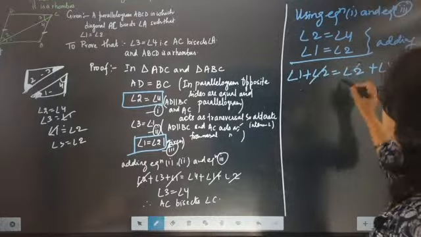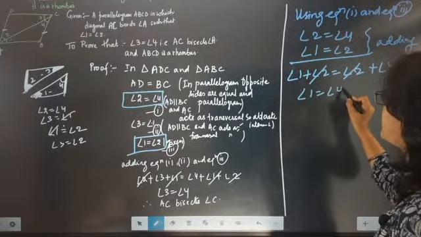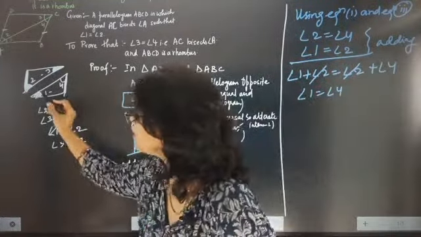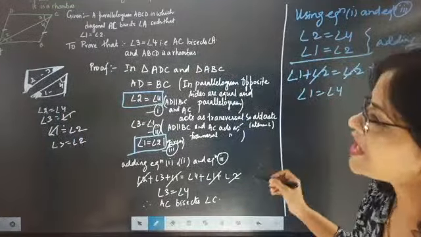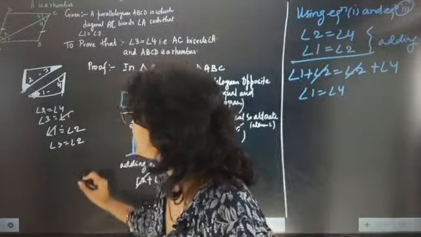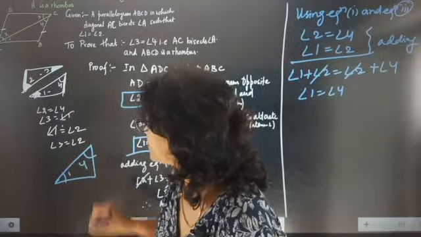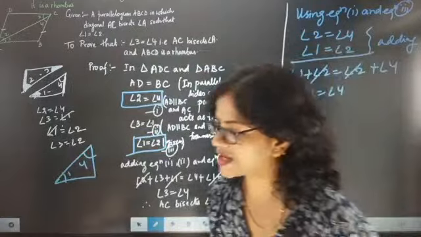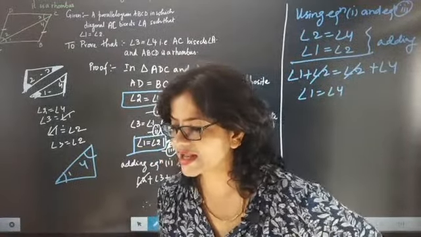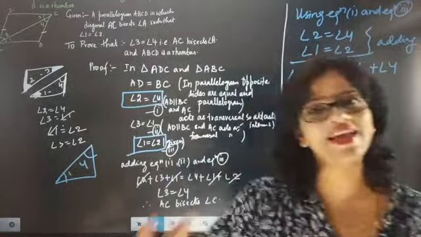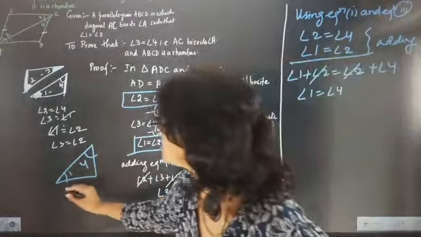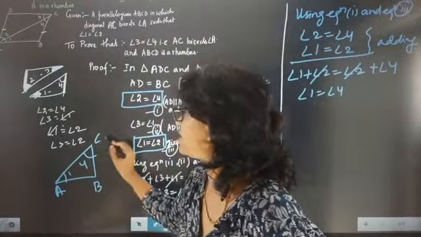So angle 2 will get cancelled. Angle 1 equal to angle 4 is exactly coming. So if I am taking this triangle, this is angle 1, this is angle 4, then what can I say about it? Because this is triangle ABC.